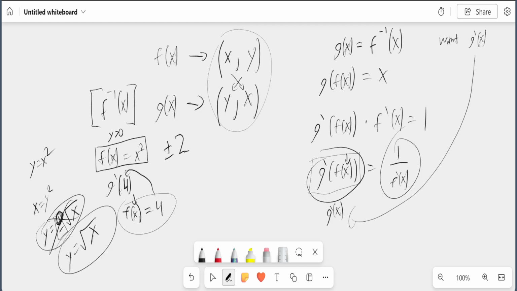So actually, scratch that. Actually, no, that should be right. Hold up. Wait, you're saying that x has to be greater than 0, right? X can be less than 0 too, but it's going to give us the same y.